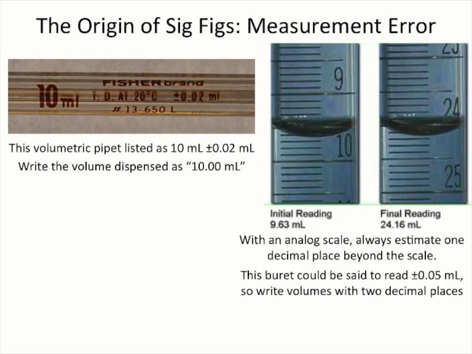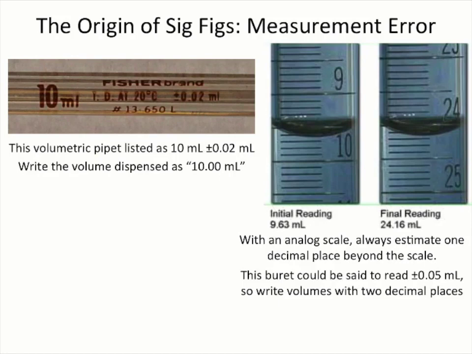So for example, the top left here is a picture of a volumetric pipette, and if you look closely at it, it says that the volume is plus or minus 0.02 milliliters, which tells you that you should write the volume that you dispense out of this pipette as 10.00 milliliters. Because if the error is only 0.02, well, your error is contained in the hundredths place. So you need to write 10.00.